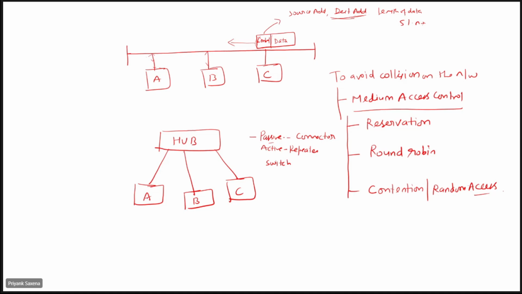So let me take an example of an active hub. In a star topology, we usually have a central hub to which all the stations are connected. Any transmission from a particular station, once A wants to transmit to C, right? So this hub, as I said, an active hub, works in a broadcast manner.